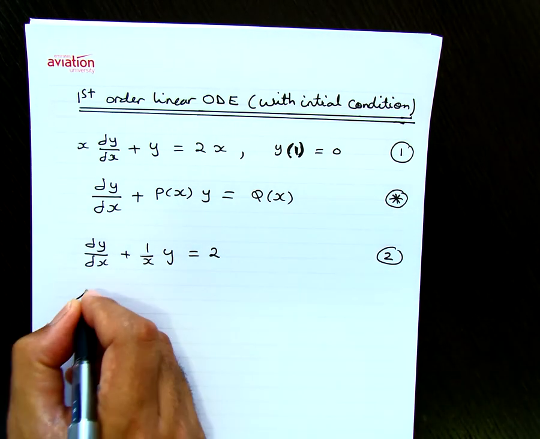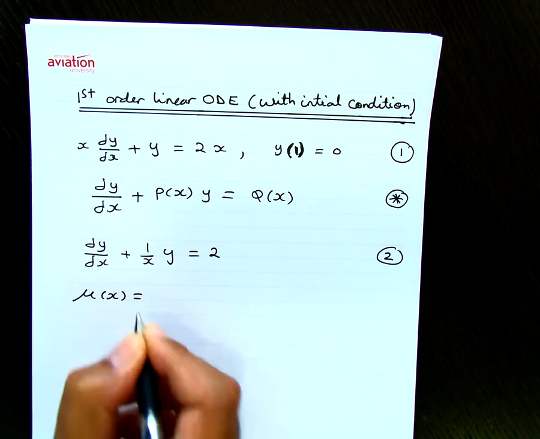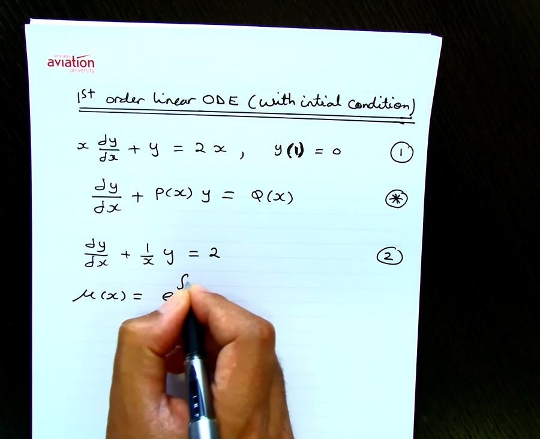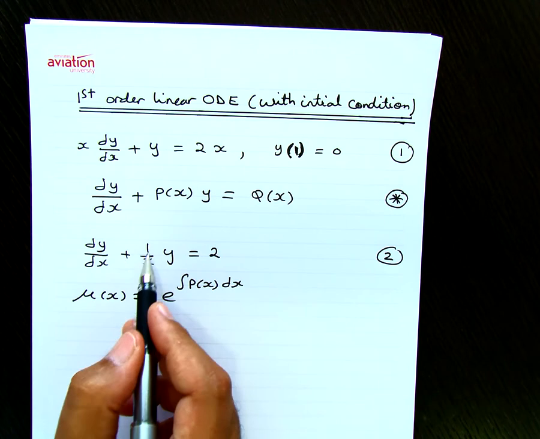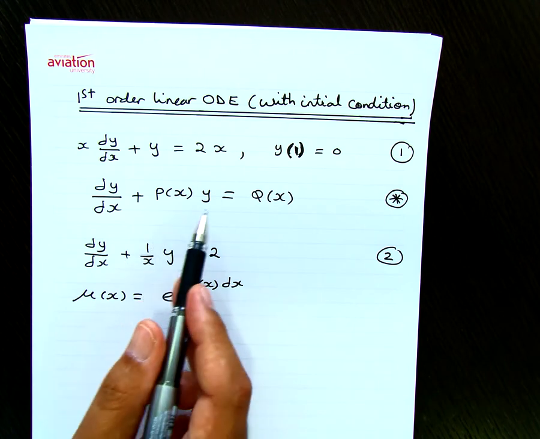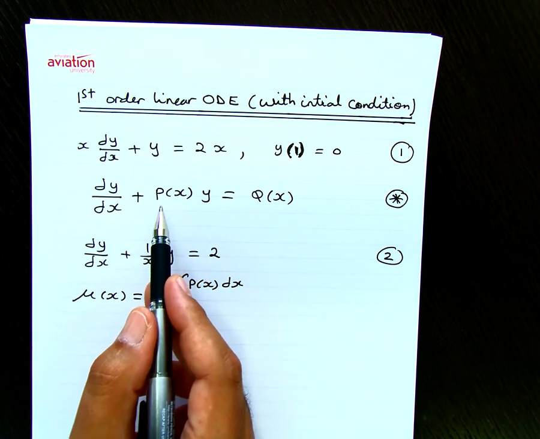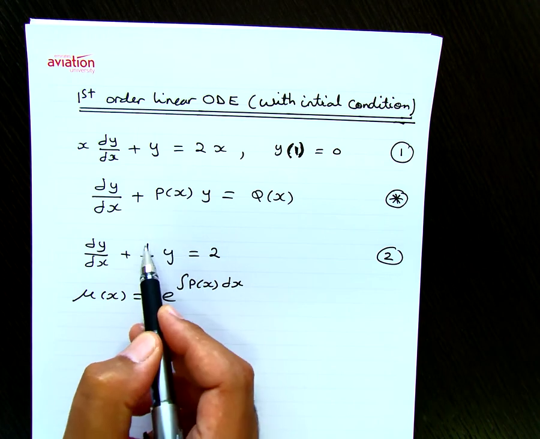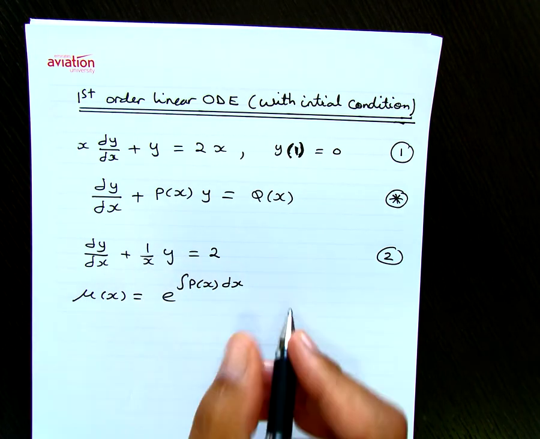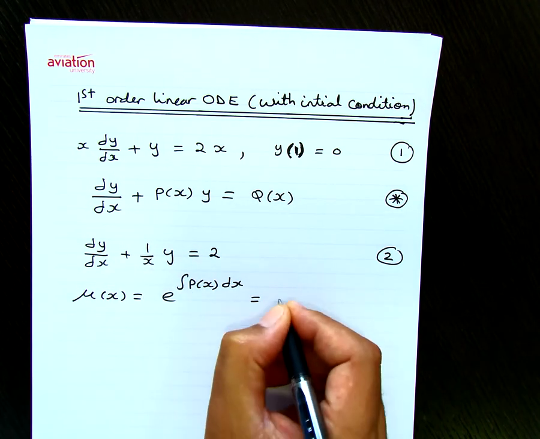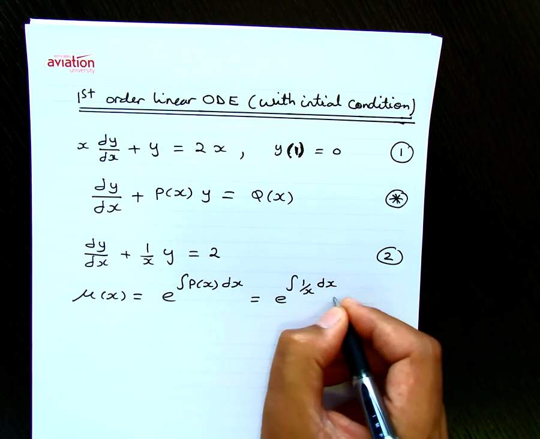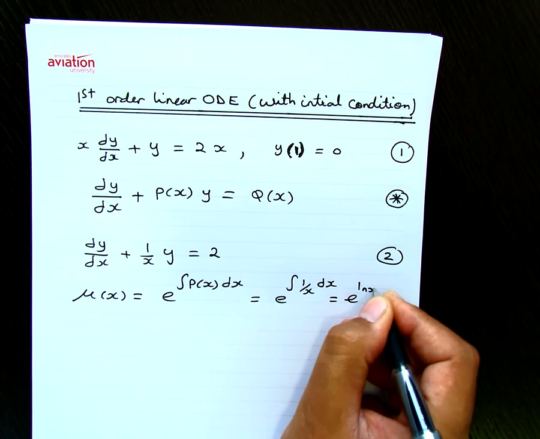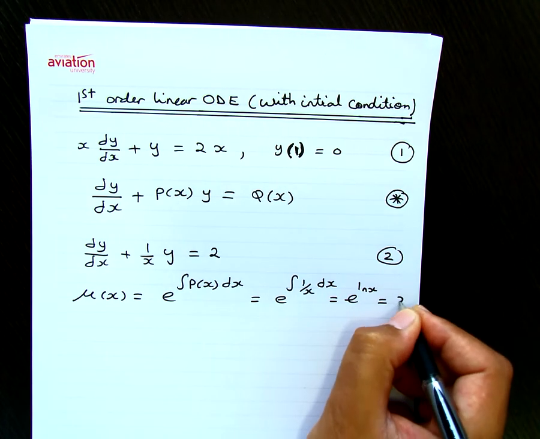So here our integrating factor mu of x is equal to e to the integral of p of x dx. And if you compare equation 2 with the standard form, you will find that p of x is simply equal to 1 over x. So let's just do that. e to the integral of 1 over x dx gives me e to the ln x, and this is simply equal to x.